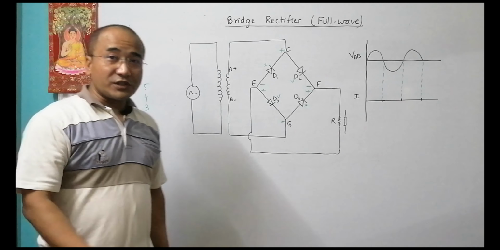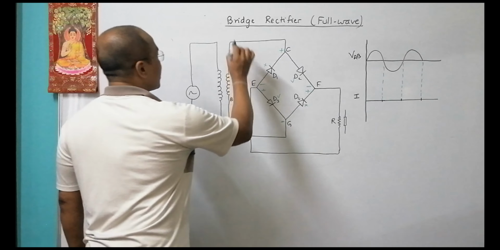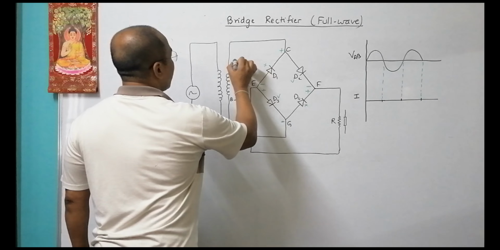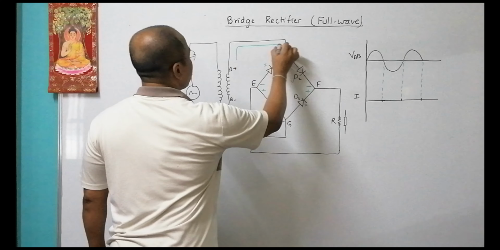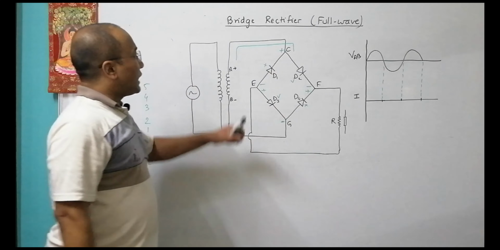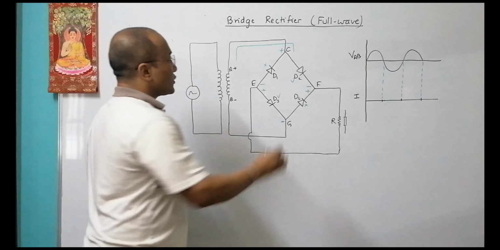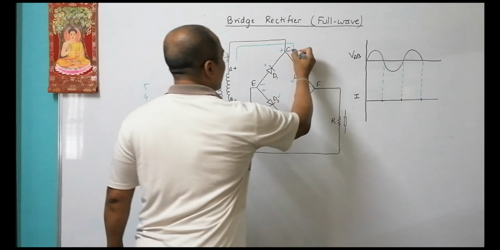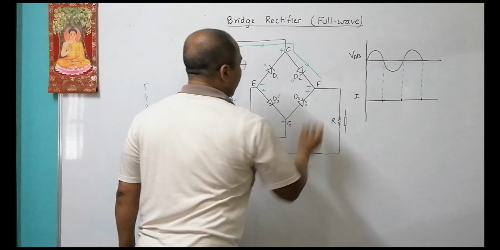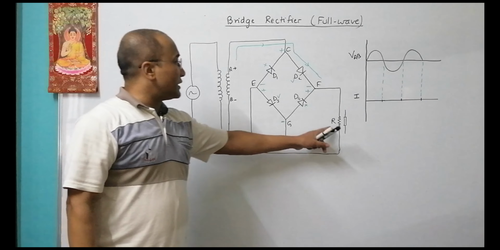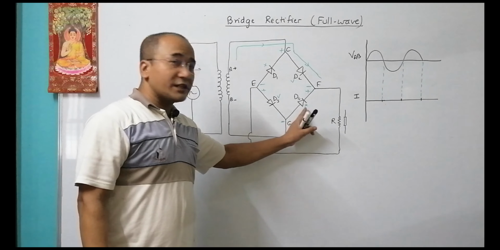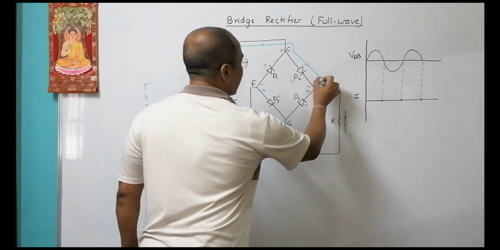Now what happens to the charge here? This charge will go from here, it comes here, it comes here. Then after coming to C, it has this blocked, so it has to go through here. We have an arrow like this, and at F it has got two paths. It is blocked here, that's why it has to go through here.